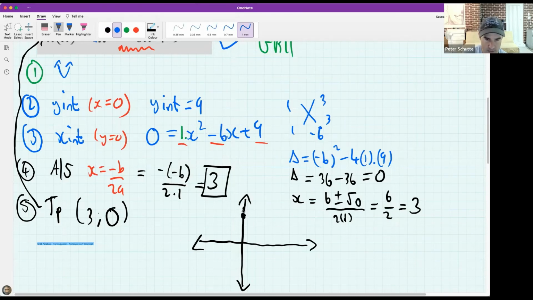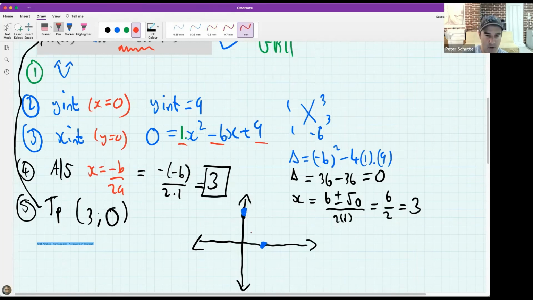I'm not going to label it yet. I'm going to label my second point 3, 0, which is over here. Okay, so I've got my 2 dots here.